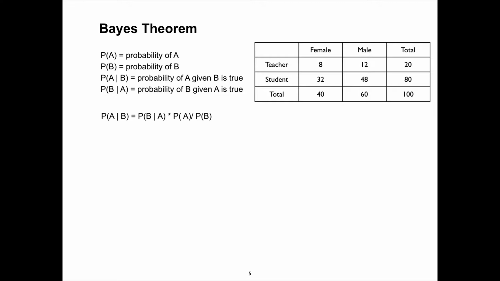And then probability of B given A is the reverse. And Bayes' theorem says the probability of A given that B happened can be computed by the probability of B given A times the probability of A divided by the probability of B. And the whole point is hopefully we know the probability of B, the probability of A, and the probability of B given A, and that allows us to compute that, right?